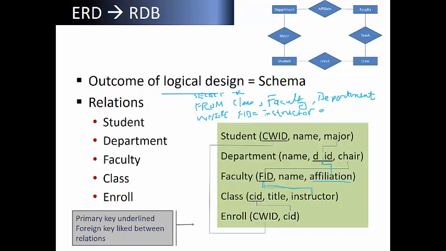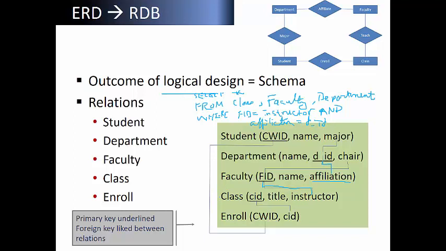The first two tables are joined based upon this join operation. And then we need another join operation, connected with the AND operator. Affiliation in faculty should be the same as the department D_ID.